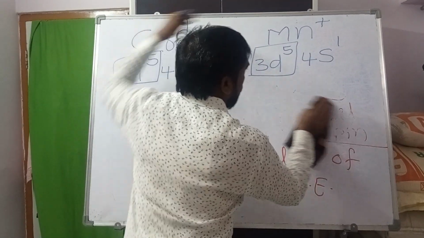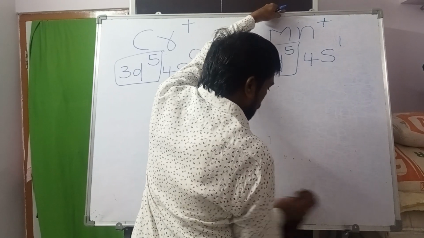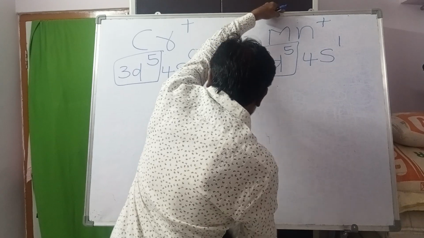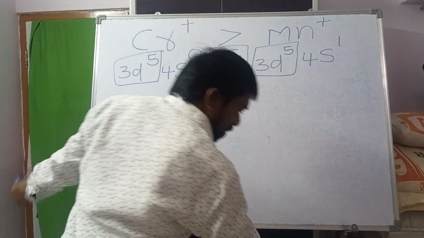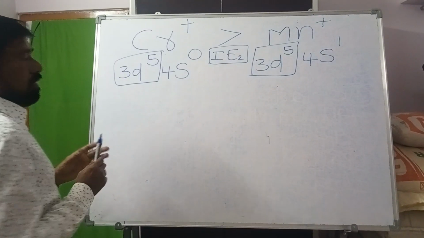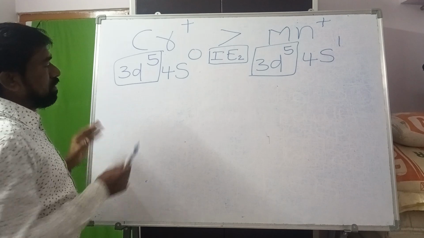Chromium atomic number 24, manganese 25, and we discuss left to right. Now see here: chromium plus and manganese plus formation, how the exchange energy discussion goes.